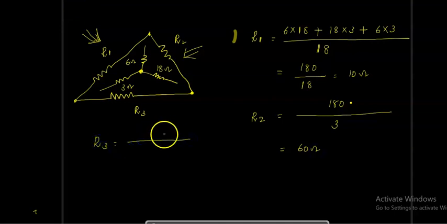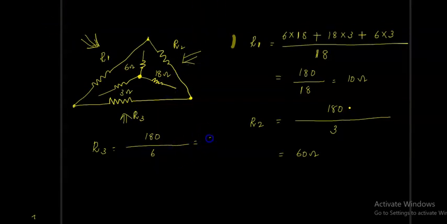The same numerator value, 180, obtained by multiplying 6 times 18 plus 18 times 3 plus 6 times 3. Divided by the resistor just opposite to R3, which is 6 ohm. So 180 divided by 6 is 30 ohm. So R1 is 10 ohm, R2 is 60 ohm and R3 is 30 ohm.